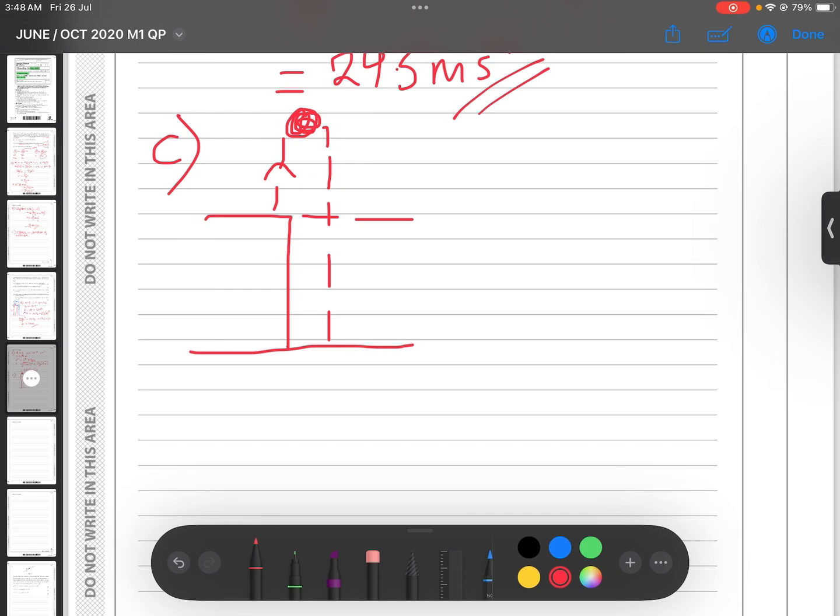So as it is moving vertically upwards, acceleration is going to be negative g. My initial velocity is going to be positive 14.7, and the distance is what we are searching for.